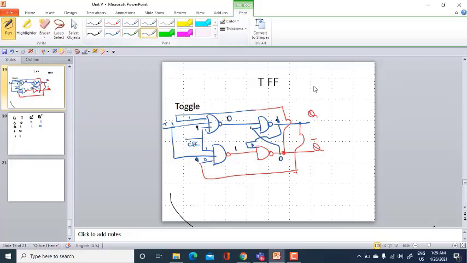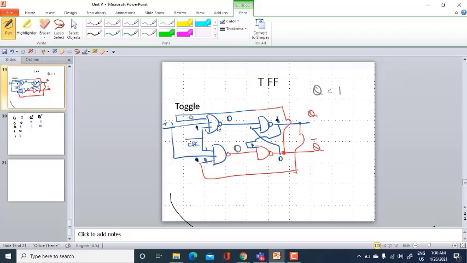Now Q is equal to 1. So for Q equal to 1, let me take the toggle input T as 1 itself. So this is 1, this is 1. I solely depend on the previous input. So with 1, 1, 1, this is 0, and if this is 1, this is 0.